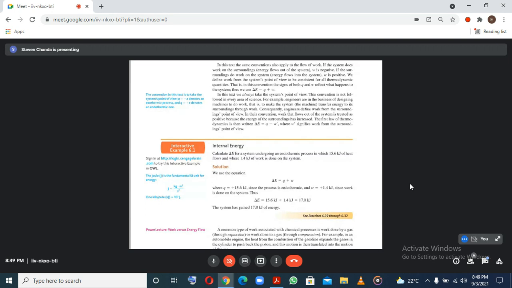Therefore, we define work from the system's point of view to be consistent for all thermodynamic quantities. In this convention, the signs of both Q and W, heat and work, reflect what happens to the system. Thus, we use change in internal energy equals Q plus W. But in chemistry we always take the system's point of view, while engineers have their own way of thinking.